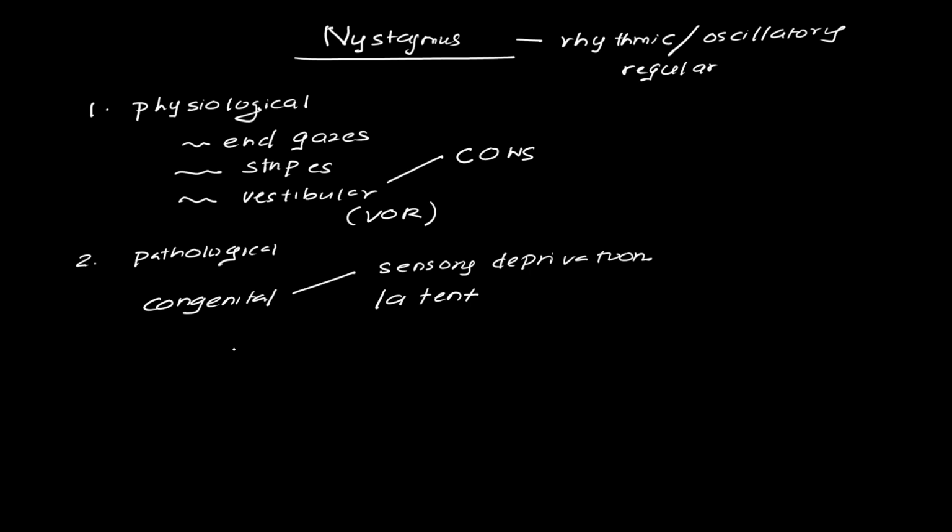In addition to that, you might also see this bit of a fancy term. It is called spasmus nutans syndrome. Now, what does this mean? Usually, sometimes there are children with torticollis, which means that the head is tilted to a single side.